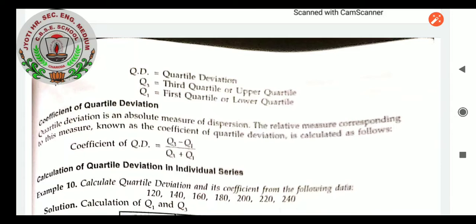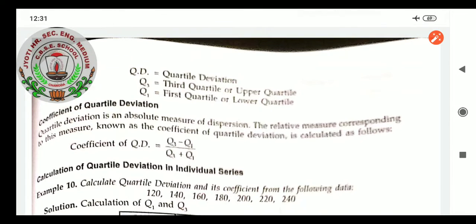So note down the formula. Coefficient of quartile deviation: quartile deviation is an absolute measure of dispersion. The relative measure corresponding to this is the coefficient of quartile deviation, equal to Q3 minus Q1 divided by Q3 plus Q1.